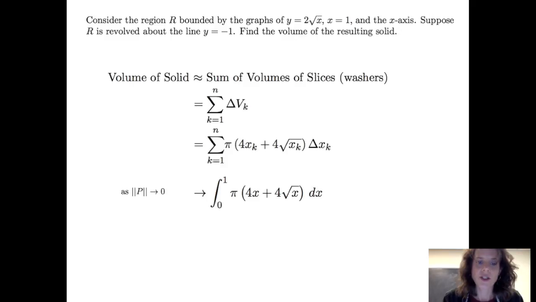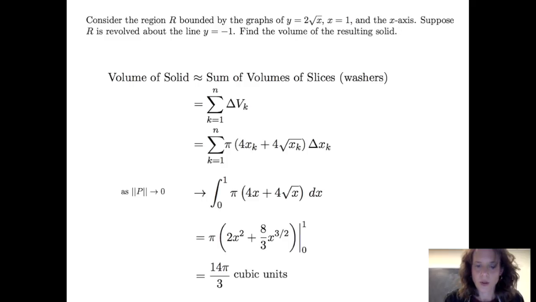As the norm of the partition goes to 0, I get the definite integral from 0 to 1 of pi times 4x plus 4 times the square root of x dx. And again, the limits of integration come from the interval that we partitioned along the x-axis, resulting in evaluating pi times 2x squared plus 8/3 x to the 3/2 power from 0 to 1 to get 14 pi over 3 cubic units.